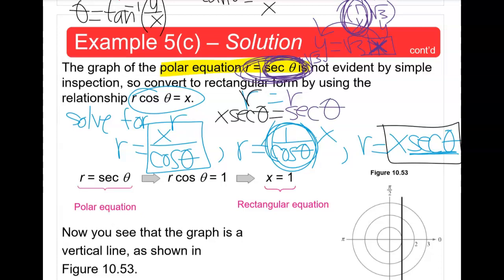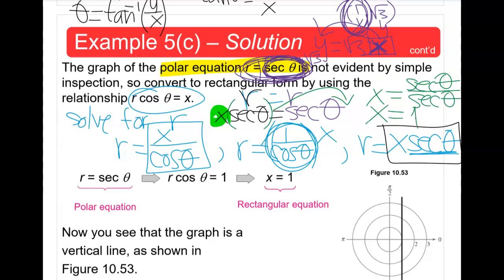And so now what I'm going to do is solve for x. And so the easiest thing to do, you could see, is to take that secant theta, take it across, and so that will turn into x is equal to secant theta divided by the secant theta that I just moved across. And so what is that equal to?